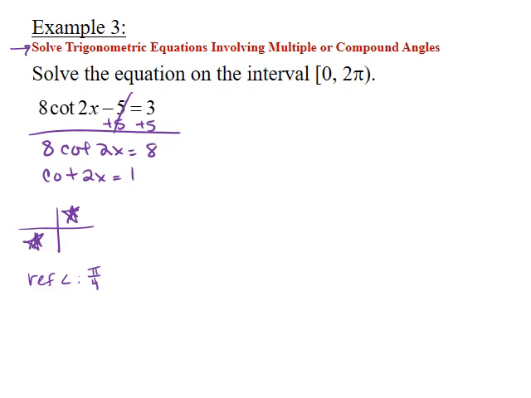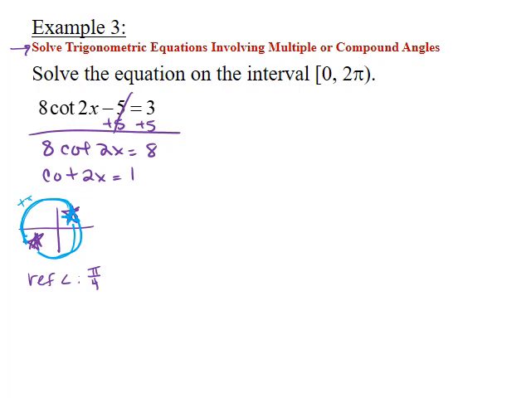Well, I want to point out that if I start here in the first quadrant, if I add pi, I get to the other quadrant. If I add pi again, I get back. Add pi, plus pi, plus pi.